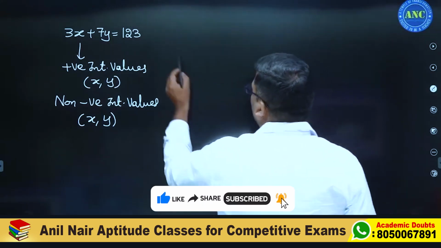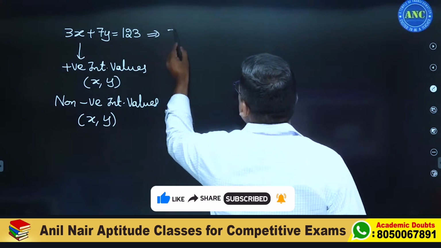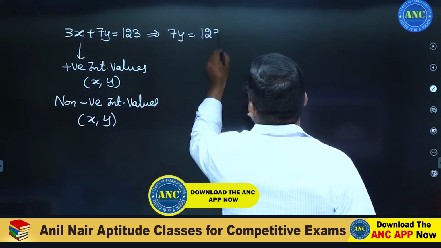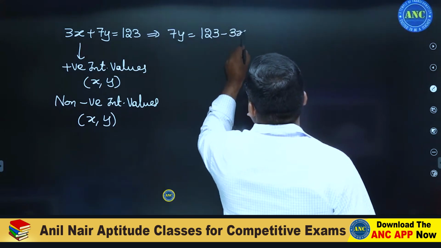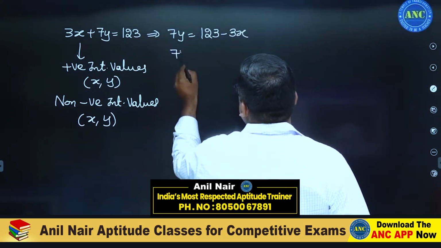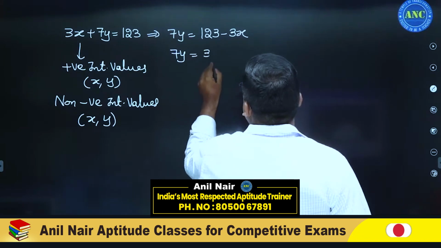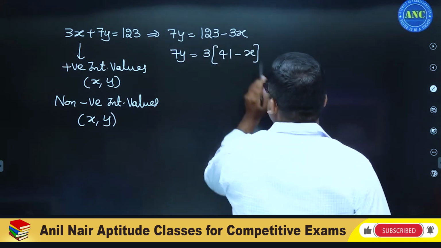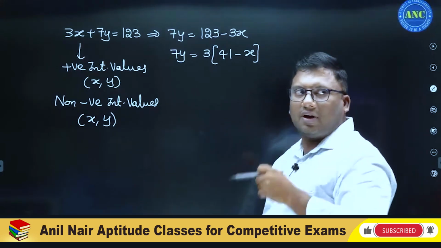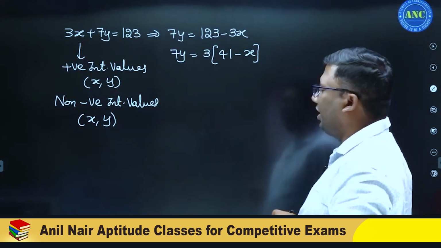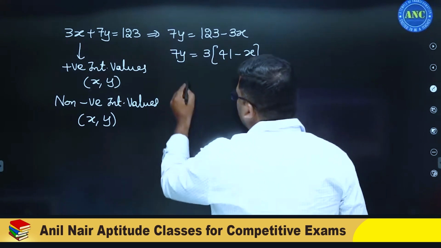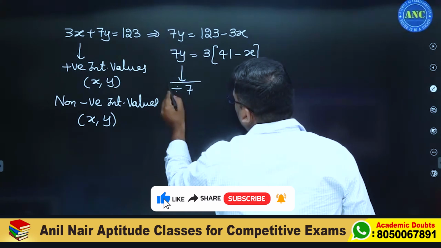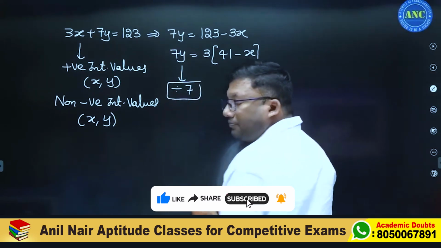Now, this equation can be written as 7y is equivalent to 123 minus 3x, that is, 7y is equivalent to 3 into (41 minus x). The left hand side is divisible by 7.